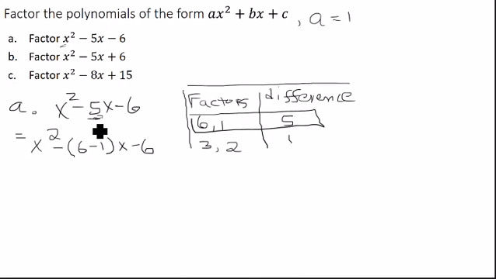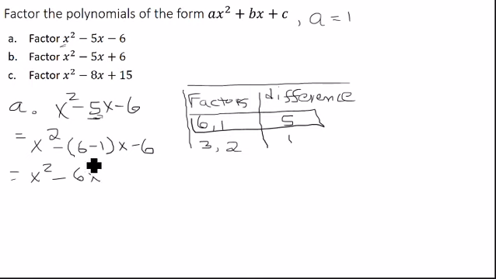So what I did is I split this 5 into 6 and 1 based on this table here. Now I'm going to simplify this expression. So I have x squared, and I'm not going to subtract 6 and 1 because that's going to give me 5 back. I don't want to do that. I'm just going to distribute the x inside and the minus inside as with one of the examples earlier.